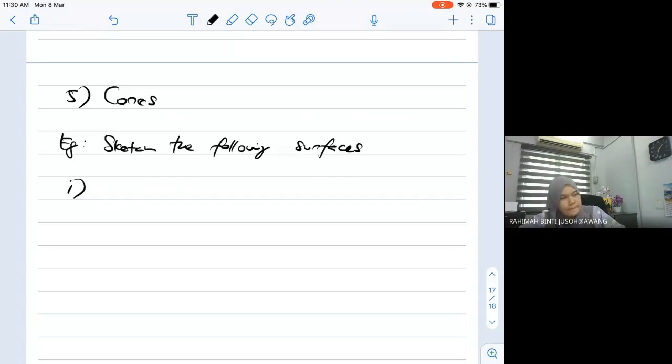Number 1, let's say z equals 1 minus x squared plus y squared, like this.